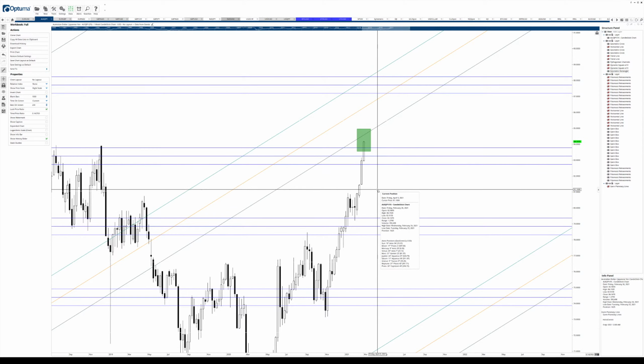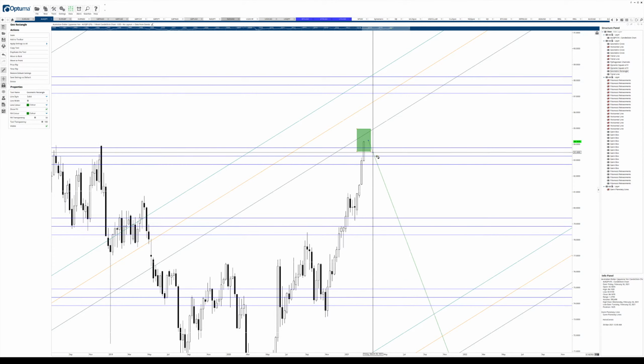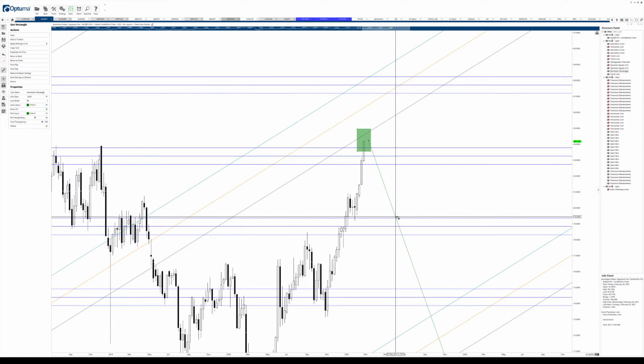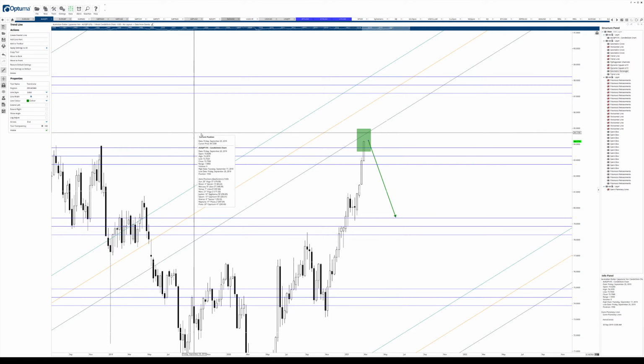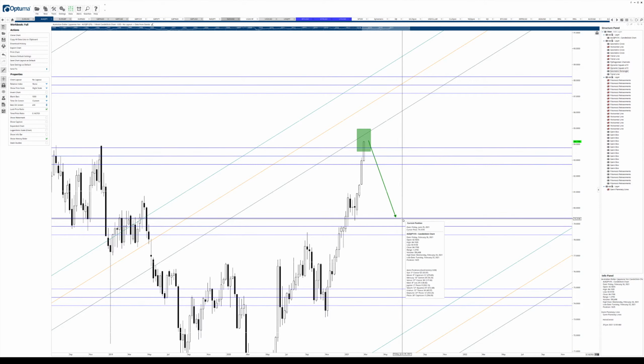And with these fib channels, fib confluence zones, I'm sorry, we got a really easy area to look for as far as where we expect to see price get back to. A return to 79.50, very, very likely.